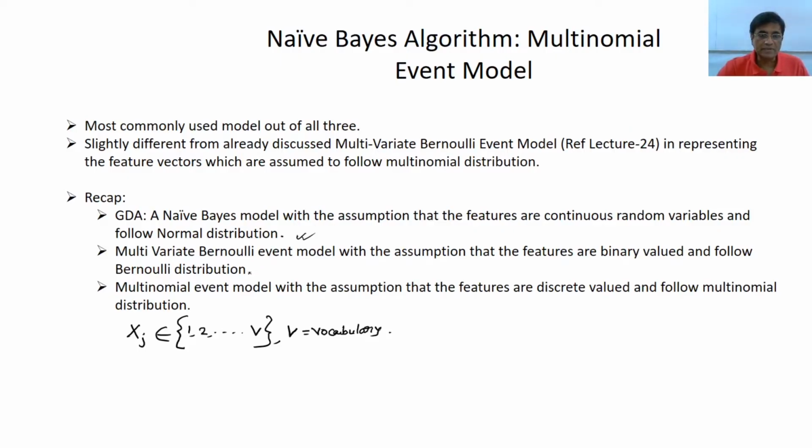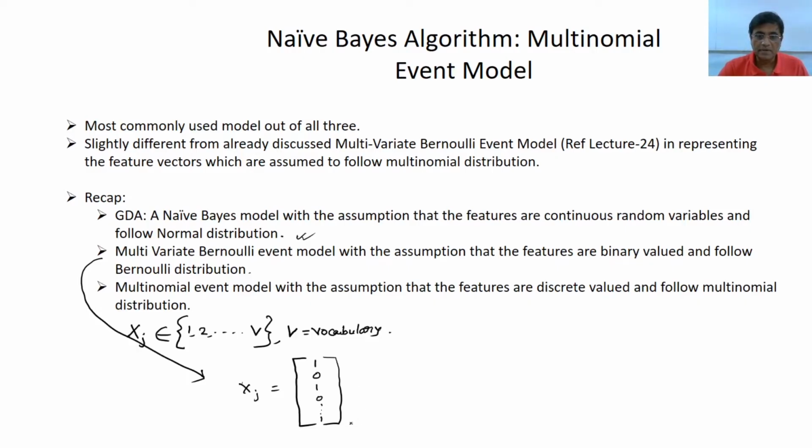Then the other day we discussed the multivariate Bernoulli event model, where again, if you see the features, we have a dictionary kind of thing which we call the vocabulary, and features are Bernoulli, they are following a Bernoulli distribution, and features are actually a vector.